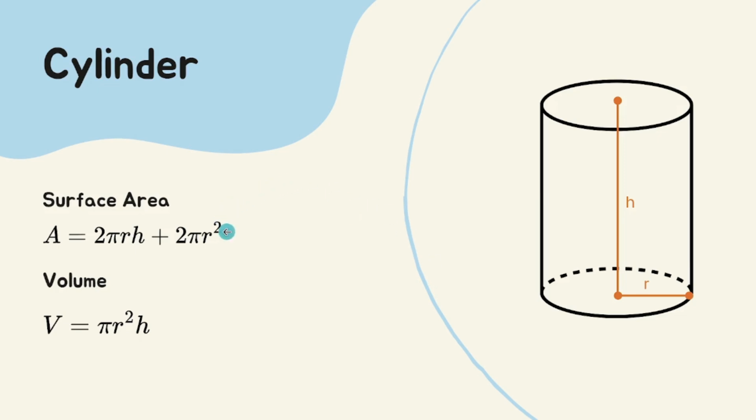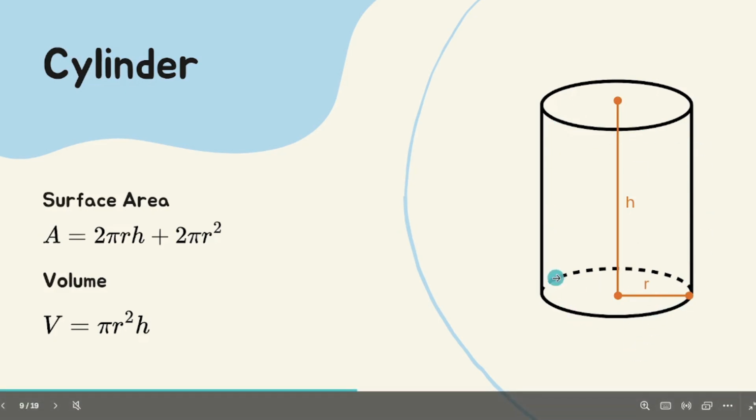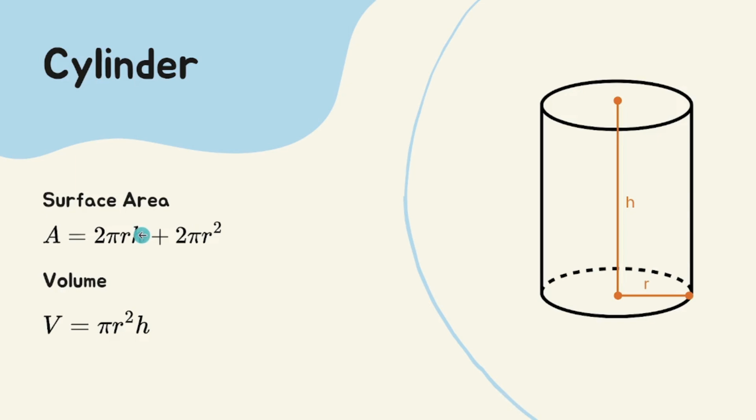Now, let's define the formula for the cylinder. What is the formula for the surface area of the cylinder? The surface area of the cylinder consists of the upper part, lower part, and the middle part as well. So, the formula is 2 pi r h plus 2 pi r square, which could be further reduced.